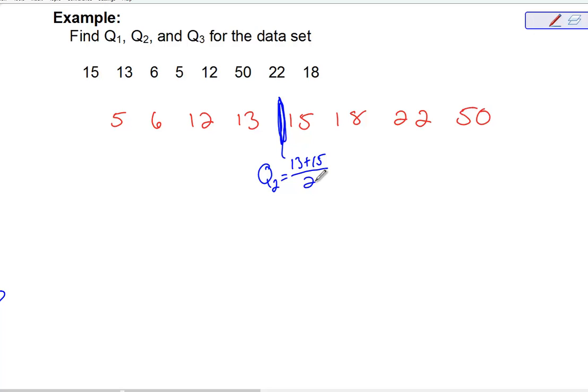Remember, if there's not exactly a single number in the center, then I have to take the 2 middle numbers and divide it by 2. So I take 13 plus 15 and get 28 divided by 2. So my Q2 is equal to 14. That is my Q2.